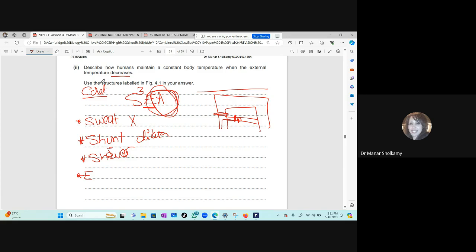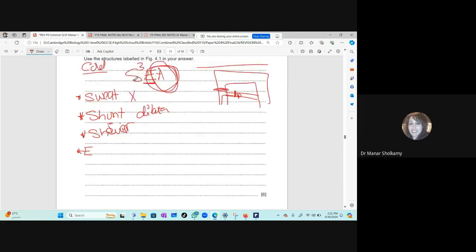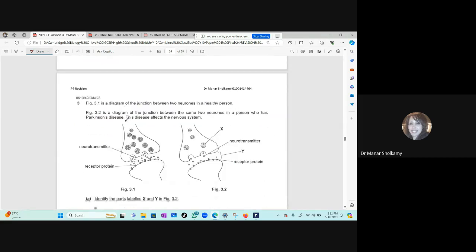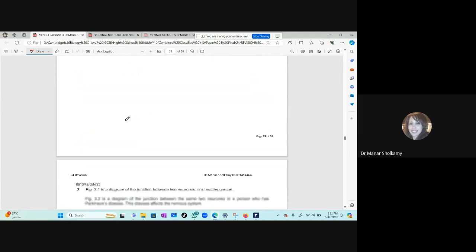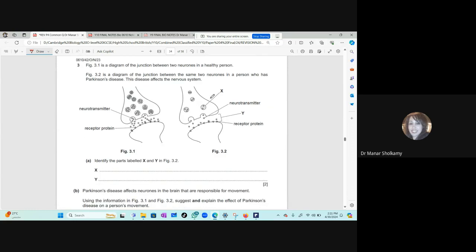You can start this question by saying that the temperature change, the stimulus, will be detected by your skin and the brain will take action. And all this we said are the actions. Now I put here the cold, but also remember the hot.